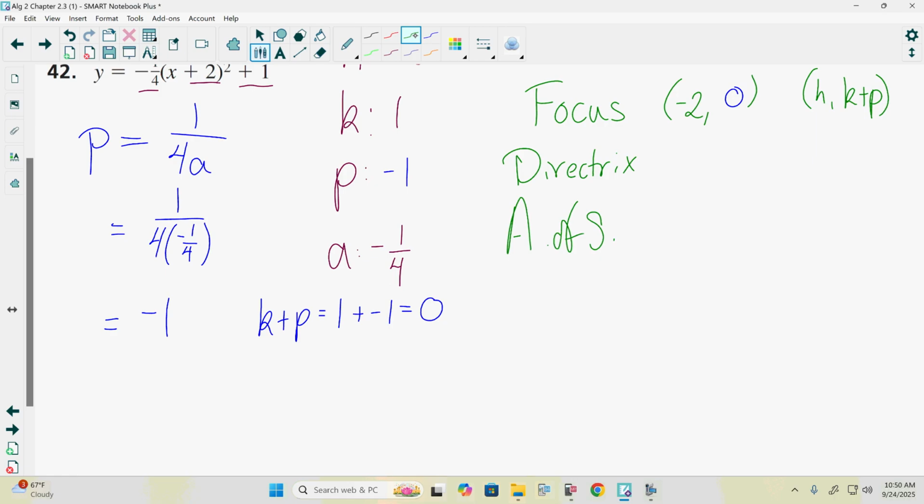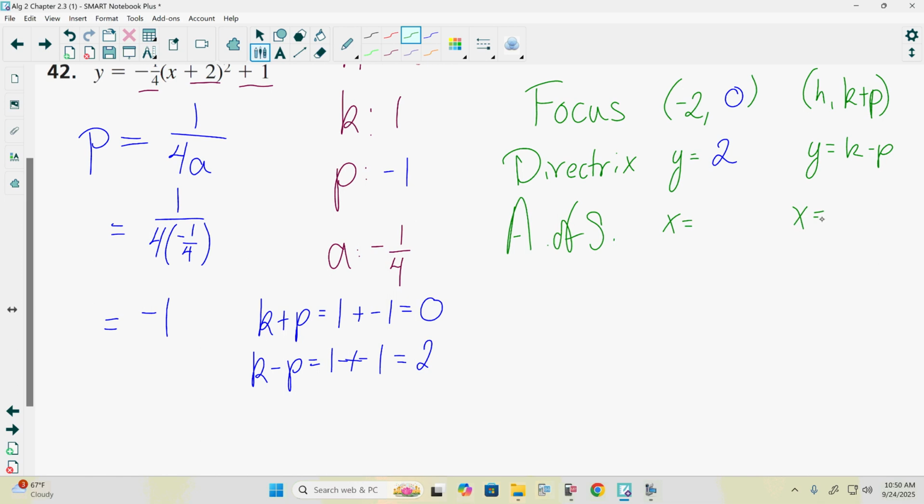Our directrix in the general form is y equals k minus p. So this time we're going to calculate k minus p, which would be 1 minus negative 1. Well, our negative and negative make a positive. So 1 plus 1 is 2.